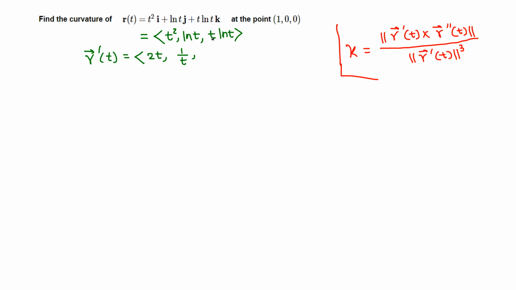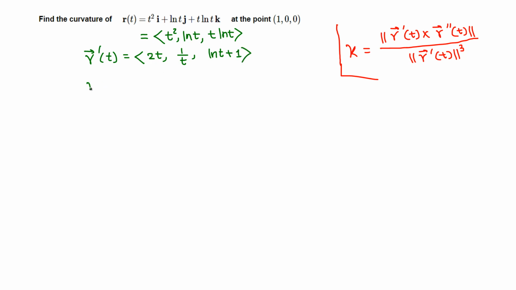So the derivative of t is 1 times ln t plus t times the derivative of ln t, which is 1 over t. So t times 1 over t is just 1.